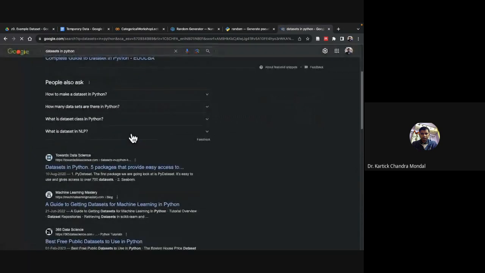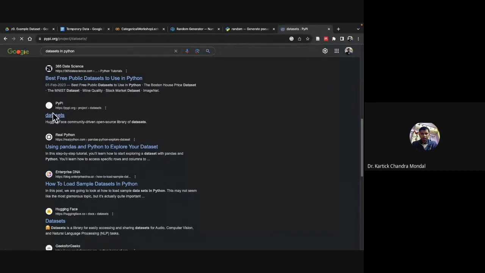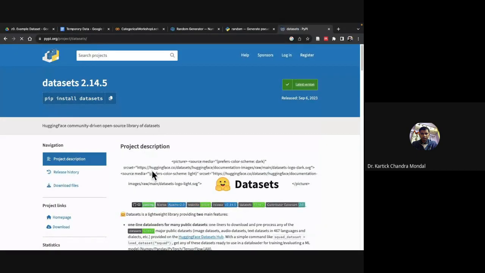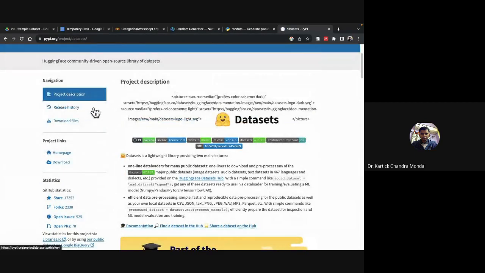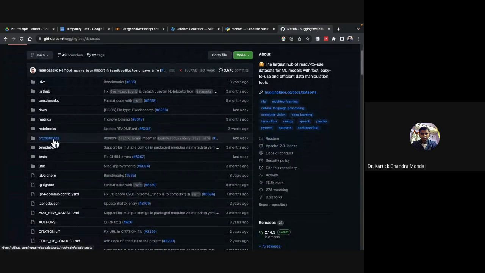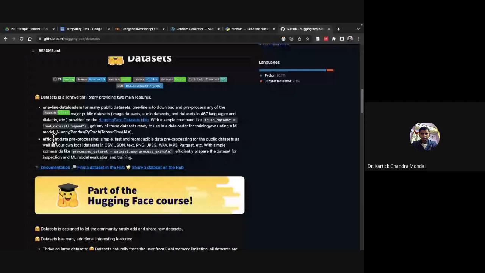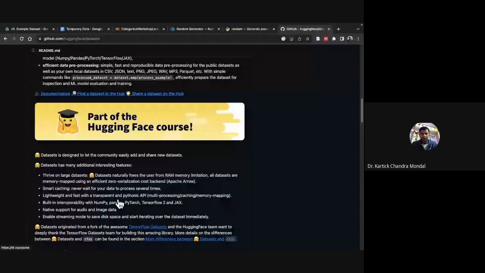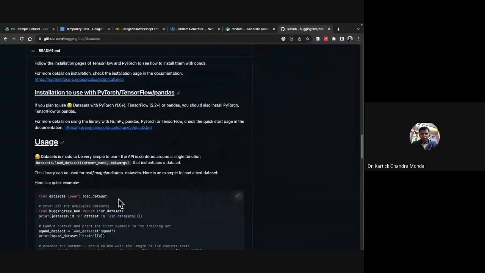Yeah, so this one. Here there are many data sets already available for your use. You can use them directly. You can search in Python, there are many such data sets available.